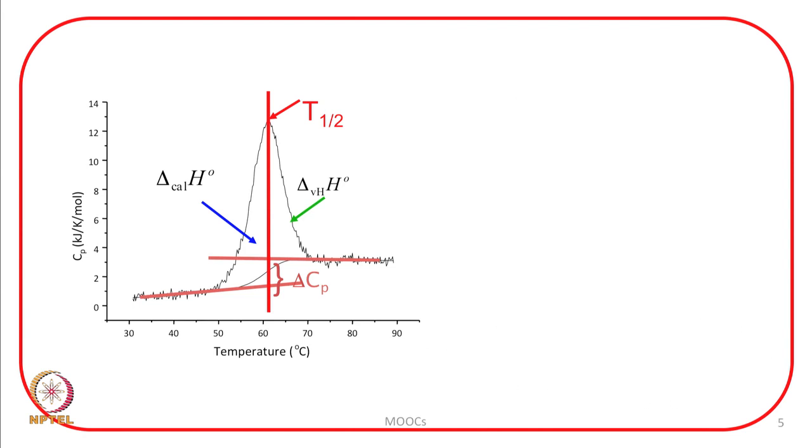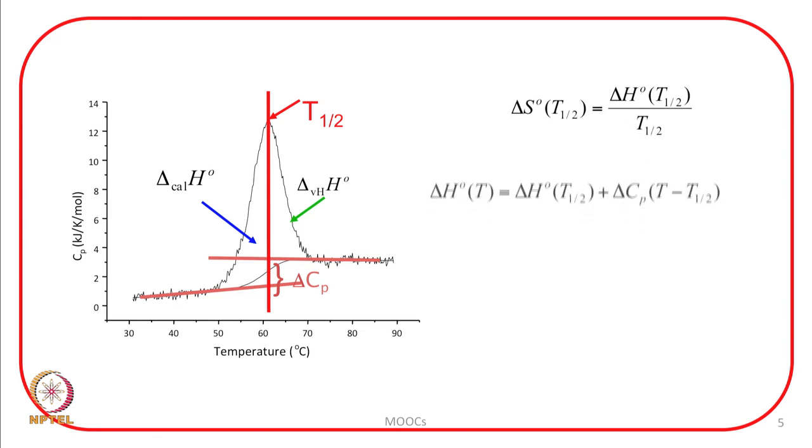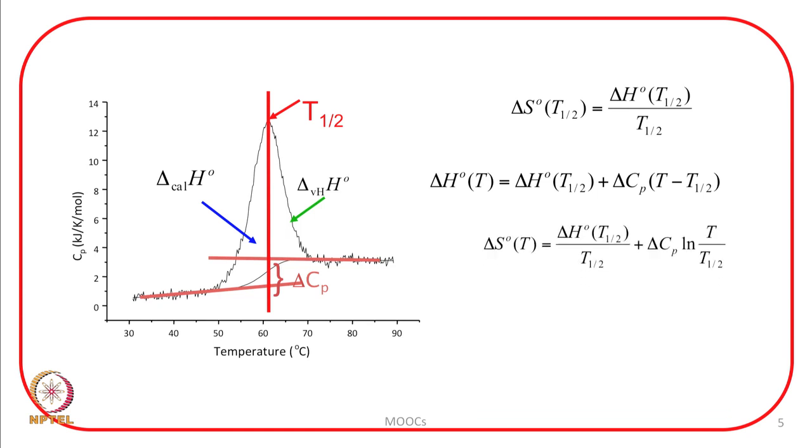And then we discussed how to get delta S naught and how to get delta H naught, delta S naught at any temperature, and eventually we came up with this expression for delta G naught at any temperature in terms of delta H naught and delta Cp.